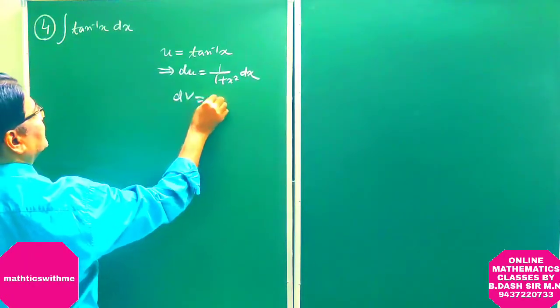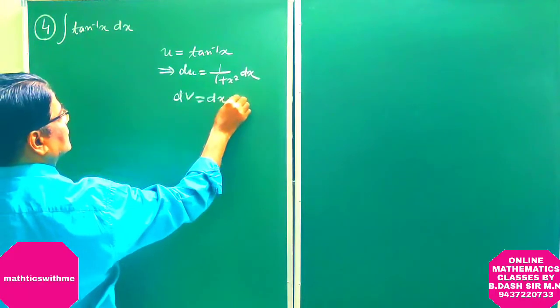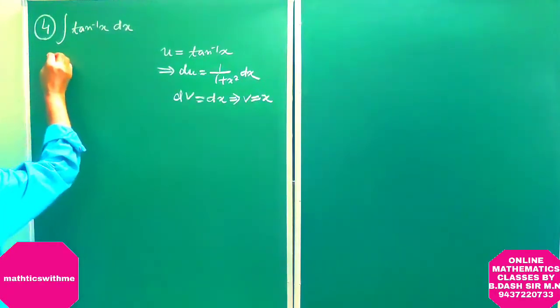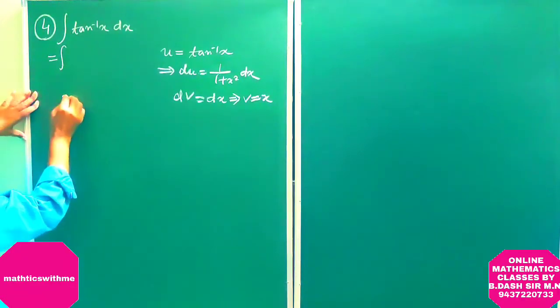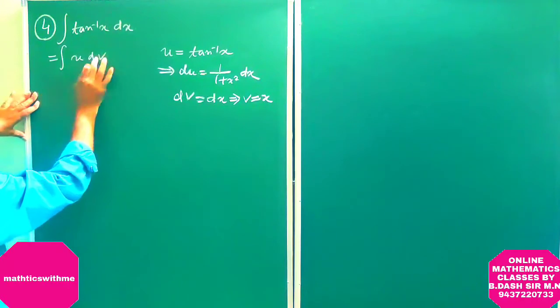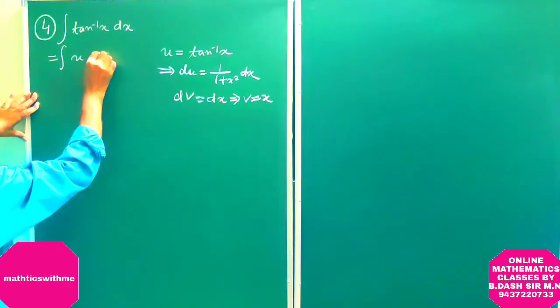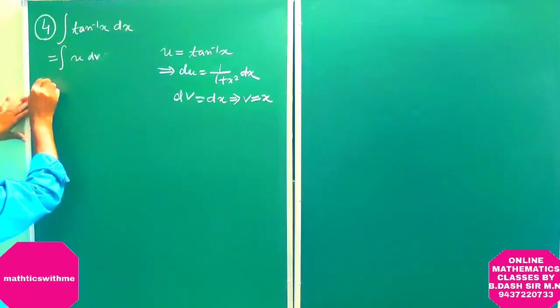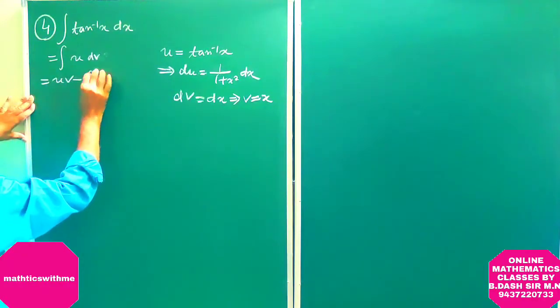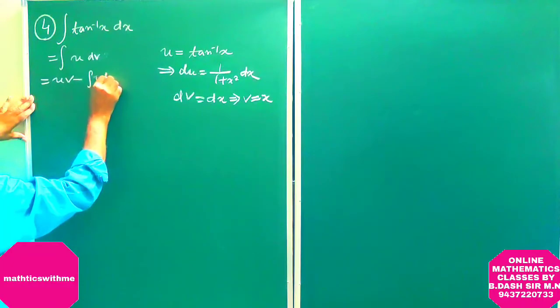Now dv is equal to dx. This implies v is equal to x. So the integral is equal to u dv, which is uv minus the integration of v du.